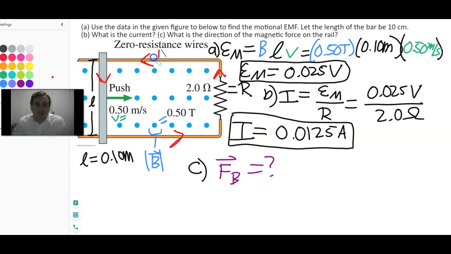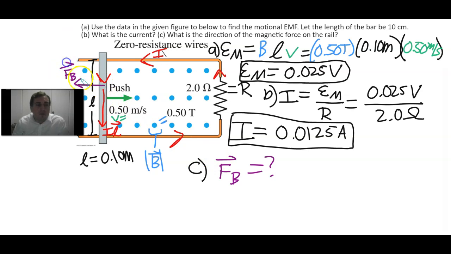So this is the electric current. And let's think about what the direction of electric current is. It's down in this bar, so that's the direction of the I times L vector. We cross product that with B, which is out of the page. So the magnetic force is going to be to the left. Notice these magnetic forces with these moving bar problems tend to be in the opposite direction of the velocity.